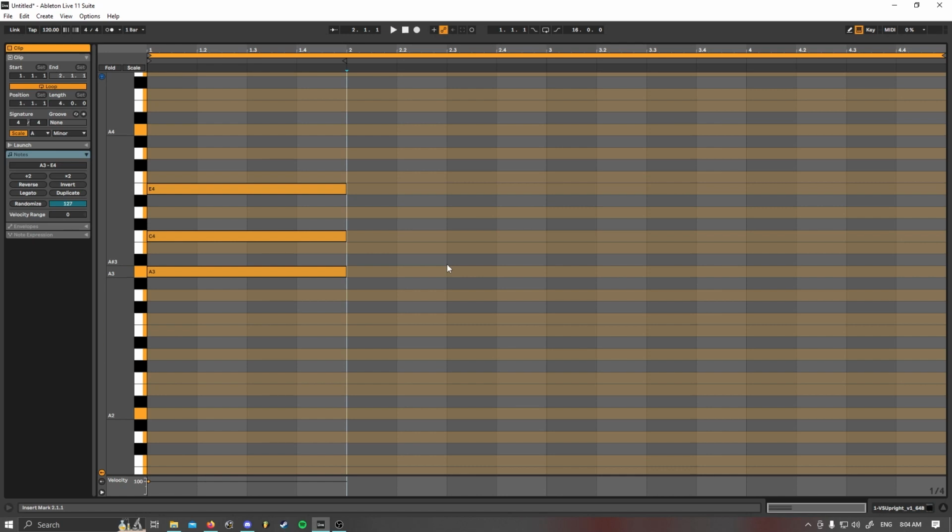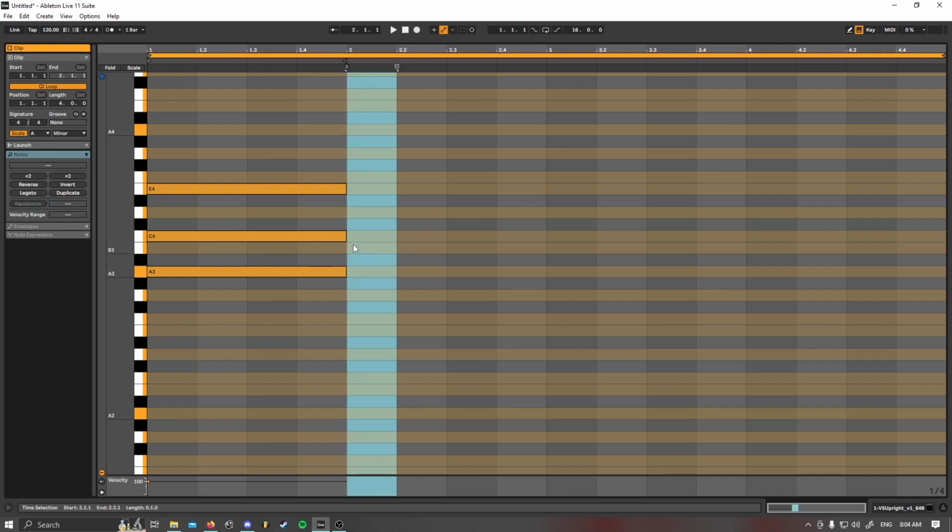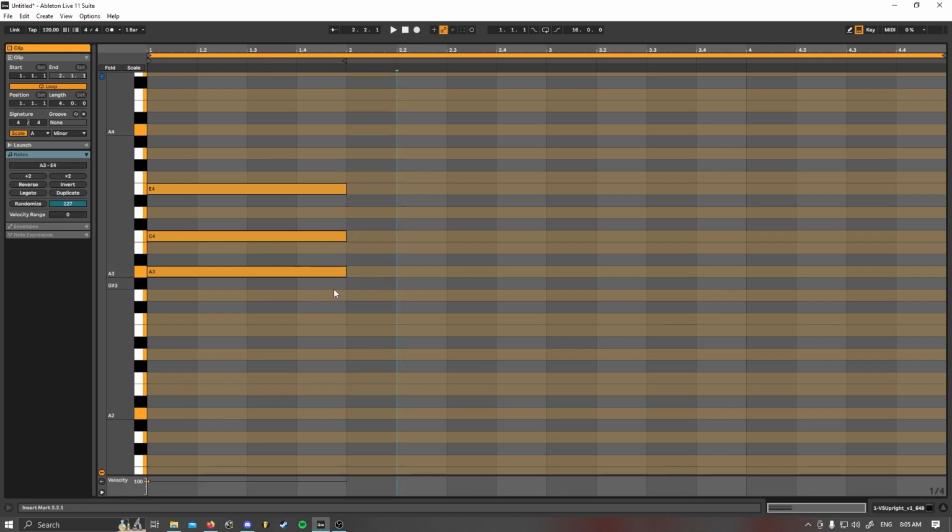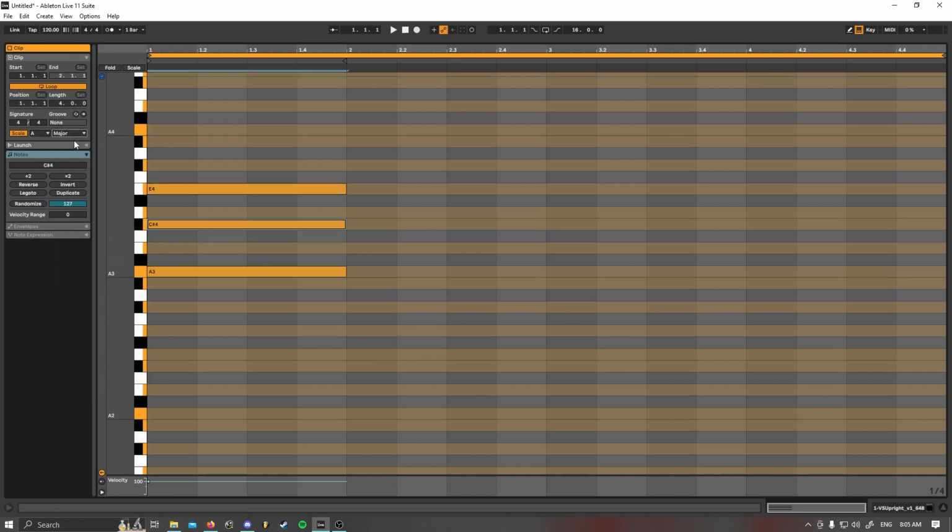Now, when we have this gap of 2 right here, we would call this a minor third. And this is the basis for any minor chord. And it has that more negative tonality. Whereas if I were to move this up 1, now we have, here, let me change this over to A major.